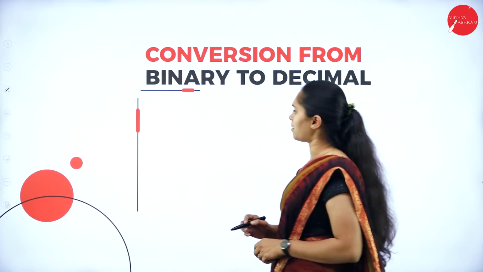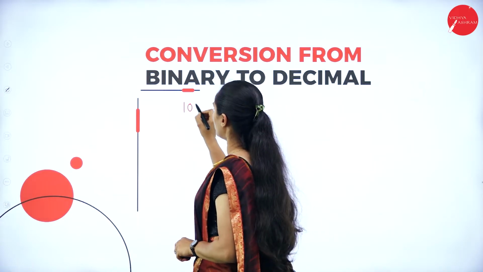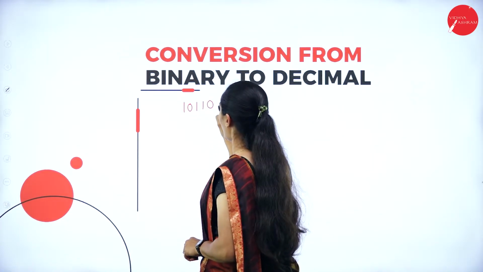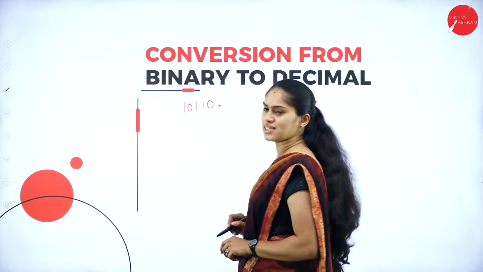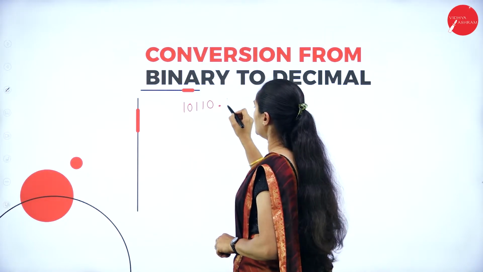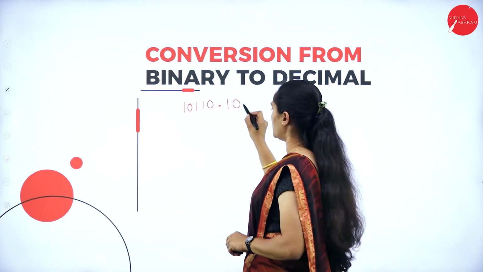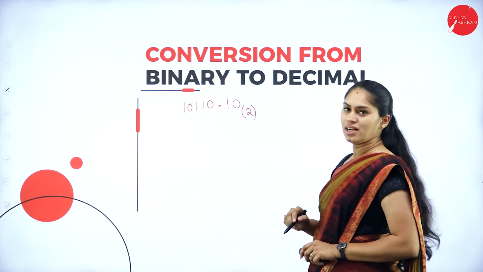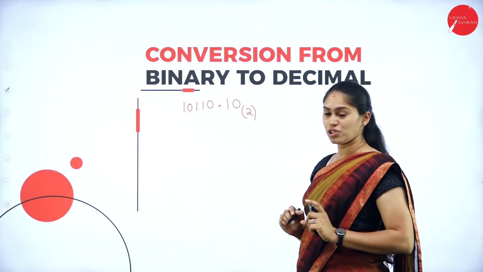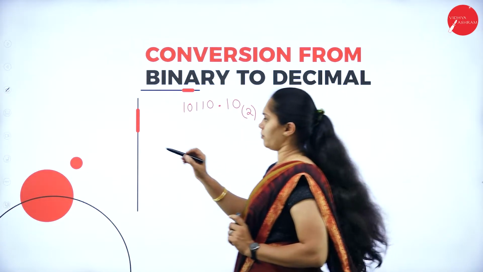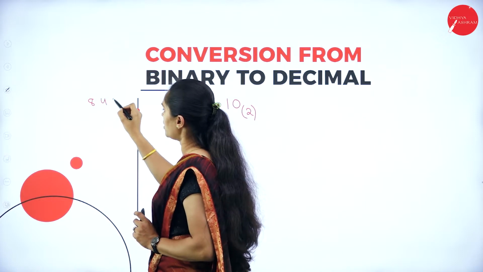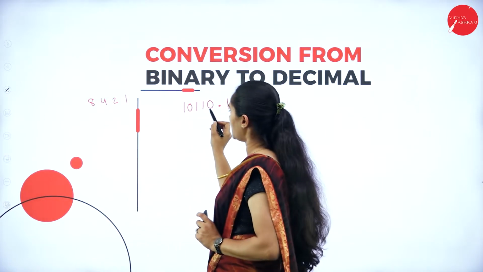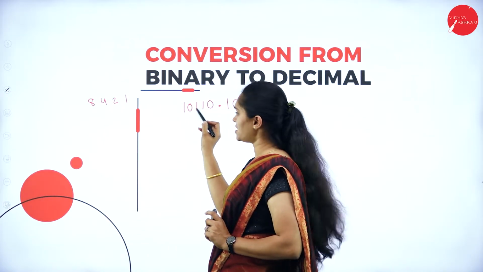We'll see one more example here. Let me consider 10110, then let me go with the fractional part. Consider 1 and 0. This is my binary number. I want it to be converted into a decimal number. Already I showed you regarding the 8421 format, isn't it? 8421. So here we have 5 bits.